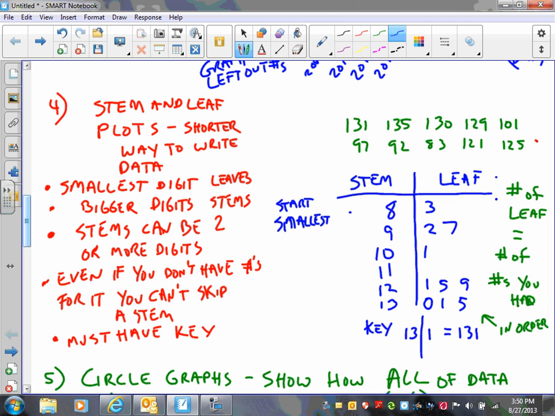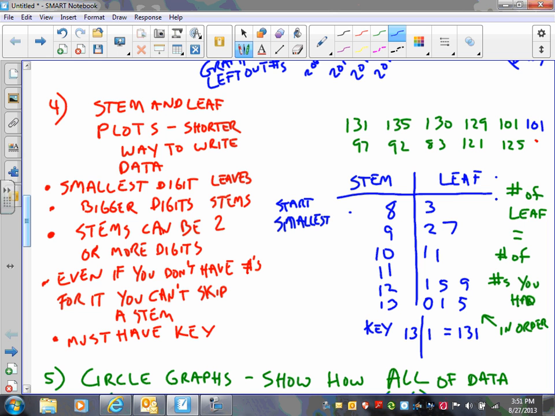I didn't have any 110s. 121 is 12 and 1. 125 is 12 and 5. 129 is 12 and 9. You see the point. Now if I had another 101 up there, then I'd have to have another 1 right there.